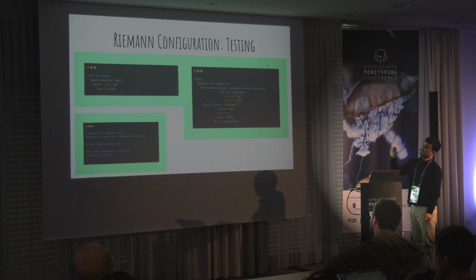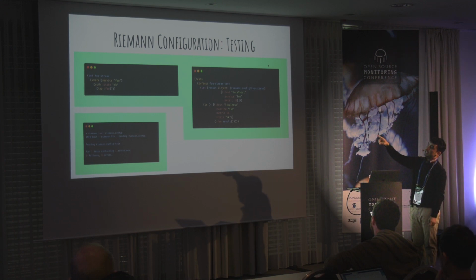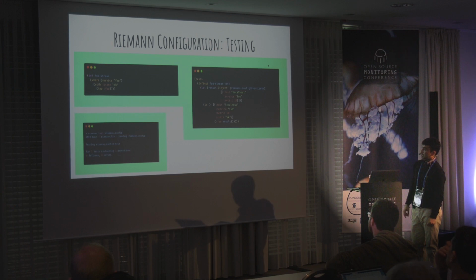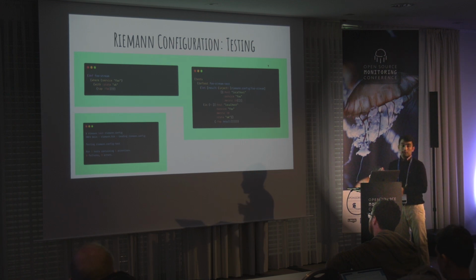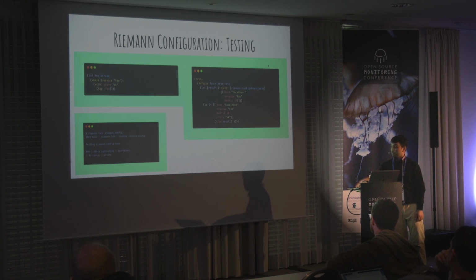And once it comes out of the tap, it should have that state OK, which we are appending in the stream as per the configuration. So you can see on the test case, we are expecting state OK. And on the bottom left side, you can see we can just run riemann test riemann.conf. So basically, you can test these things in your CI/CD pipelines before it reaches production.